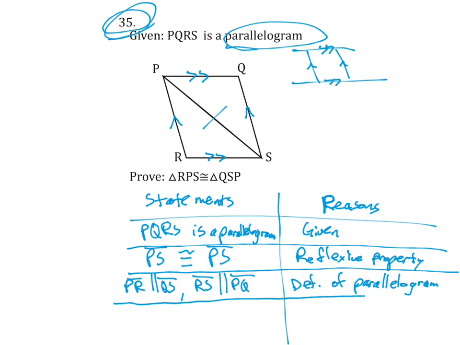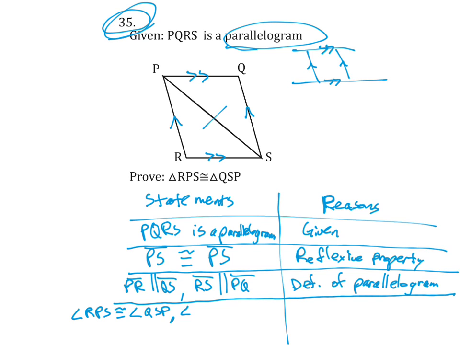And so I'm actually going to see if I can fit this on one line because I'm running out of space. So I got angle RPS is congruent to angle QSP. That's these ones. And put a little comma here.